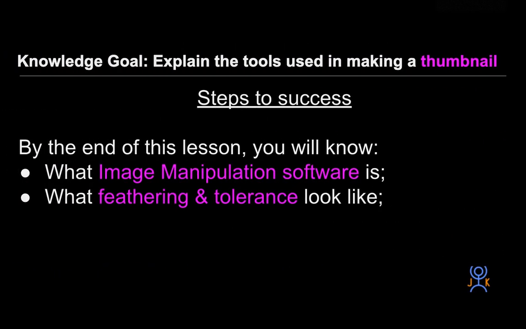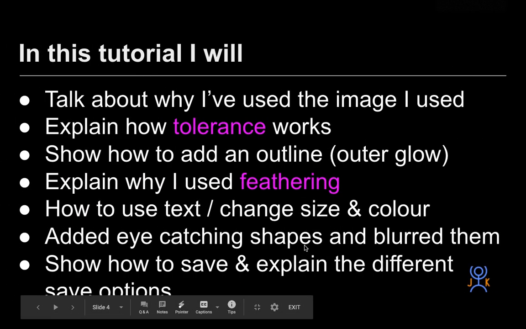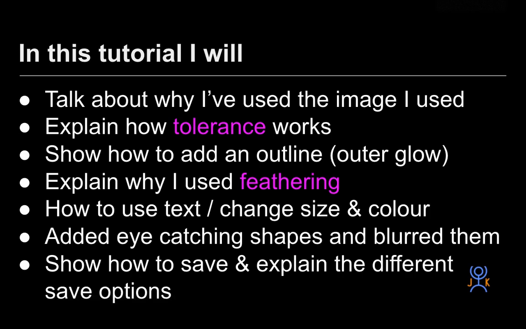Right, so by the end of this tutorial, I'm hoping that you will know what image manipulation software is and how to use it, and what feathering and tolerance look like. In the tutorial, I will talk about why I've used the images I've used.